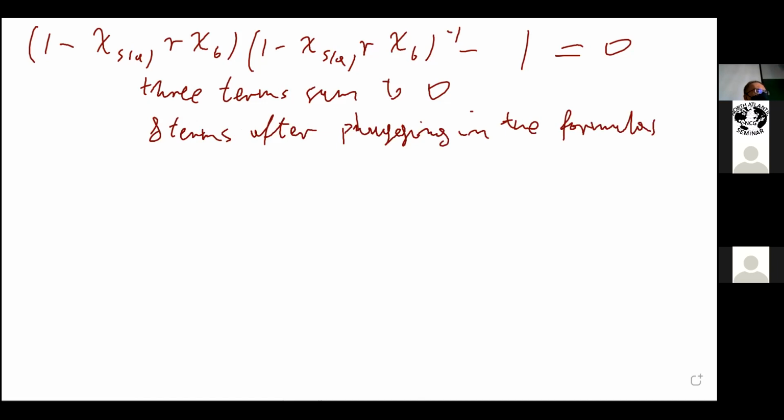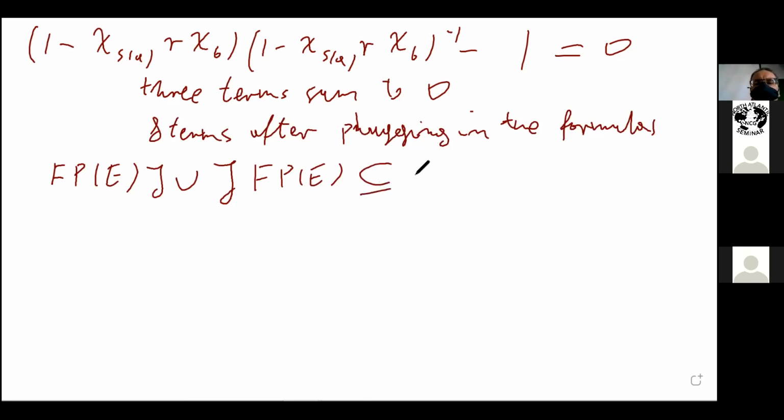But now let's look at these terms. And now remember this property that if I look at my set J, then anything composed with a path in J, and any path in J composed with any other path, this gives me a path in J. Either they don't compose or they give me a path in J. So this is what we remember.